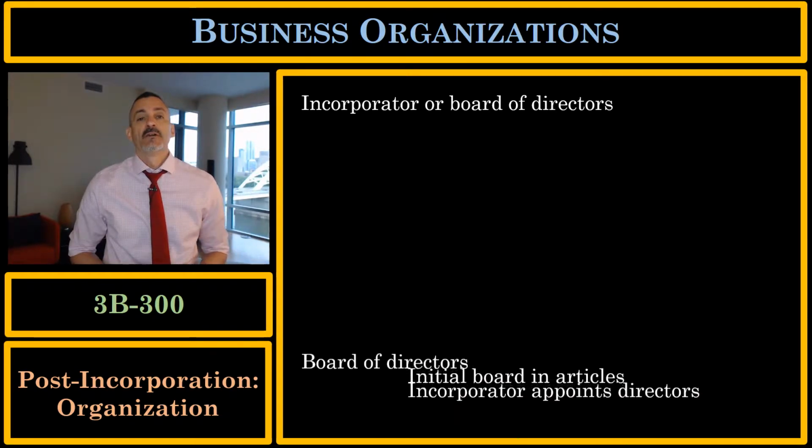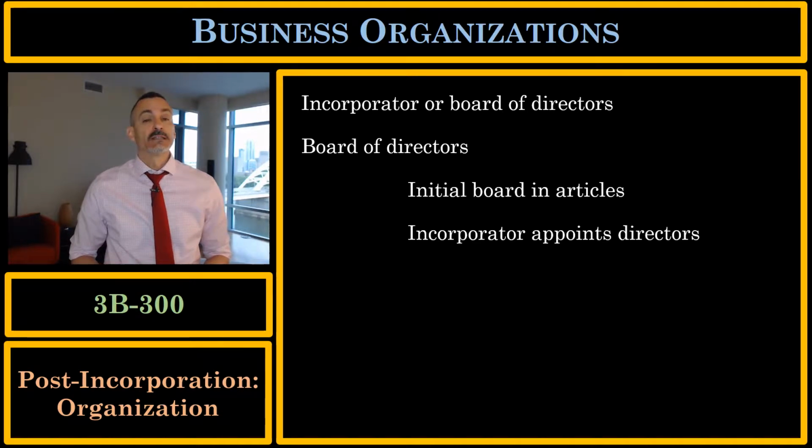Or you can have the board of directors complete these organizational activities. The board of directors, where do they come from? Well, in your initial articles of incorporation that you file with the Secretary of State, you can put in those articles the initial board of directors.